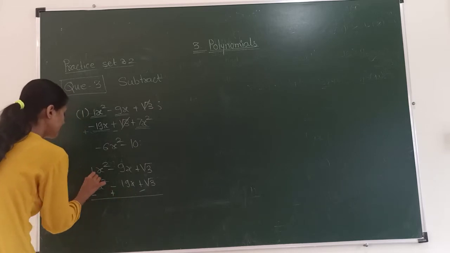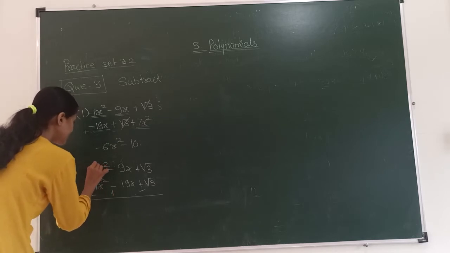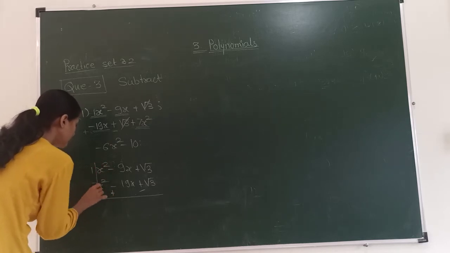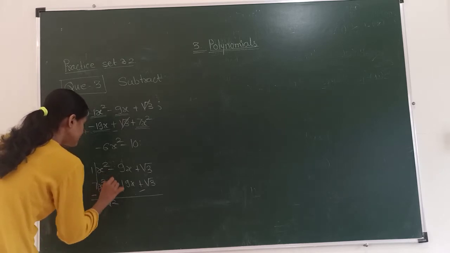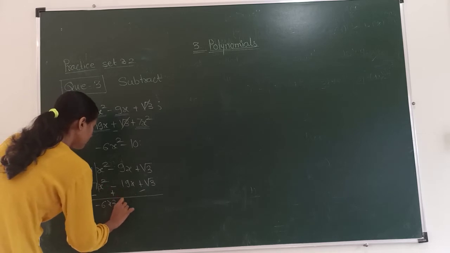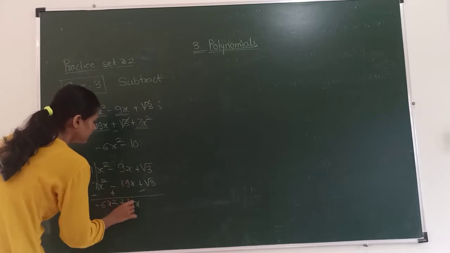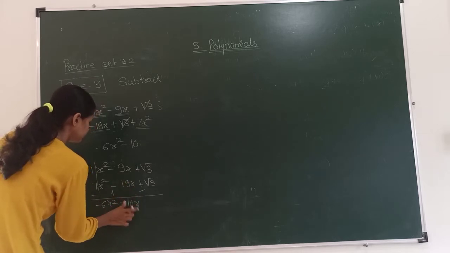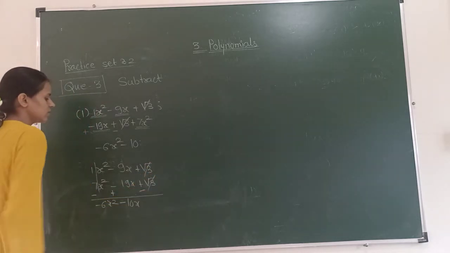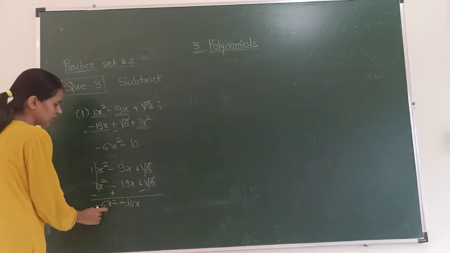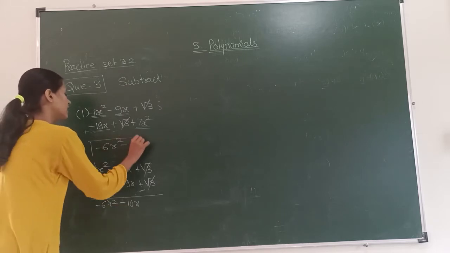Here 1x raised to 2 minus 7x raised to 2, 1 minus 7 is minus 6, x raised to 2 in common. Here is plus minus, it will become minus 10x, and this minus under root of 3 and plus under root of 3 will get cancelled. So the answer is minus 6x raised to power 2 minus 10x.